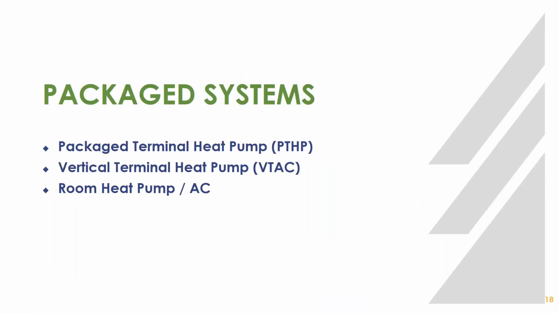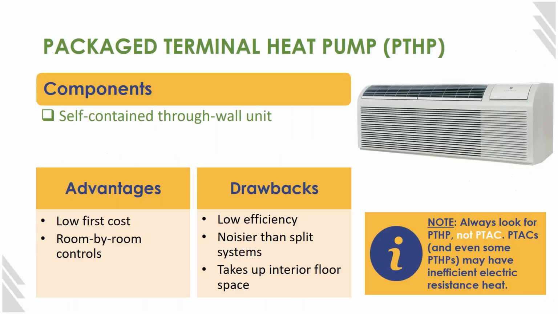Starting with packaged systems. The most basic, low-cost ductless heat pump system, with low first cost and low install cost, is going to be a packaged terminal heat pump, or PTHP. These are entirely self-contained. You've got the through-wall unit, and that's it. That's the entire unit.